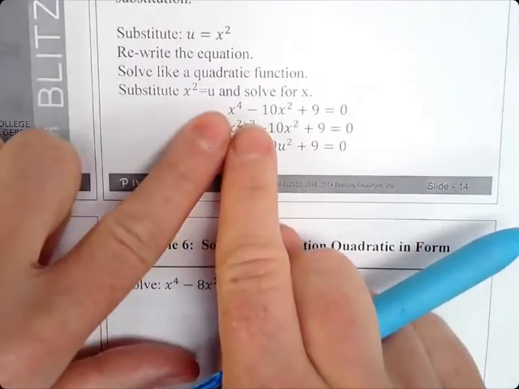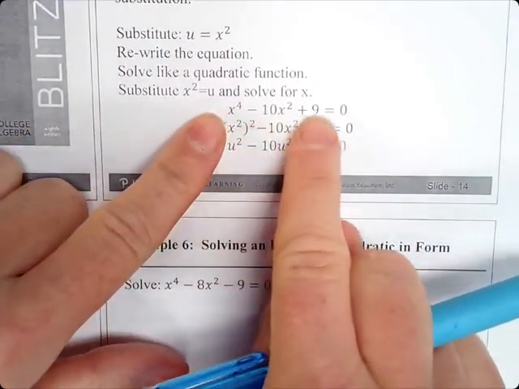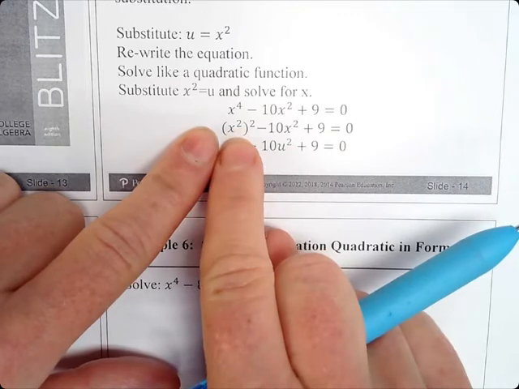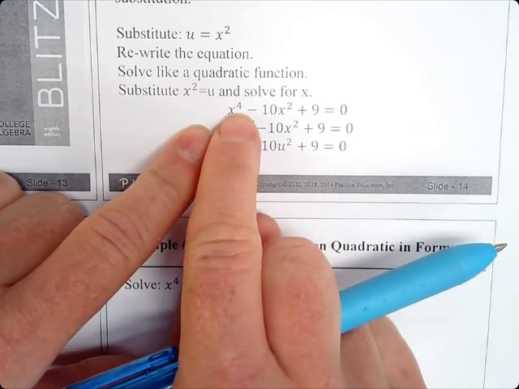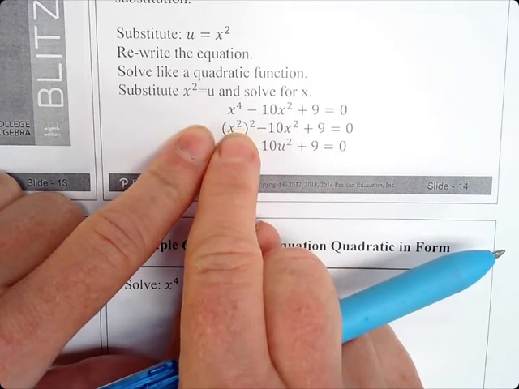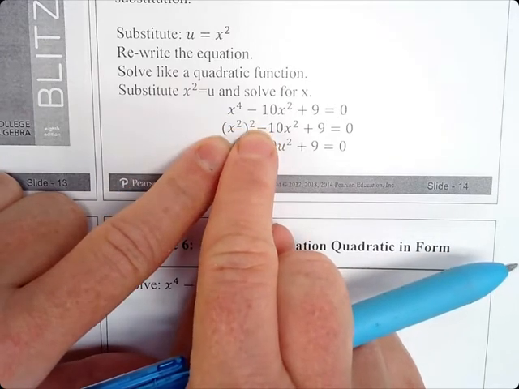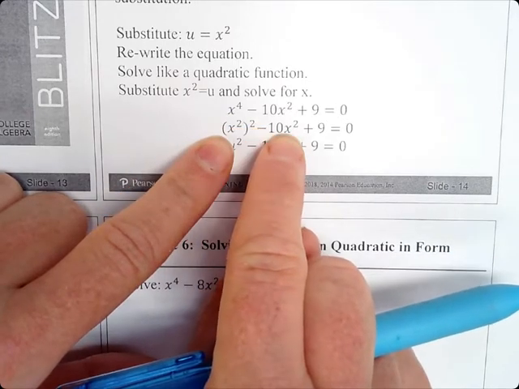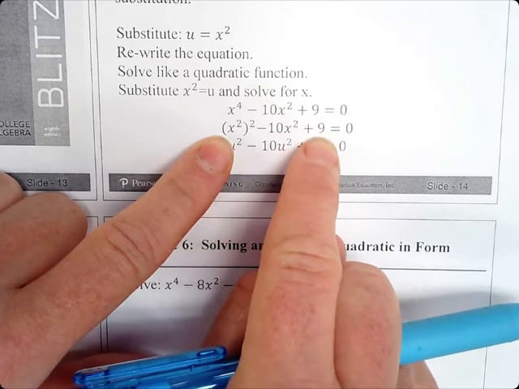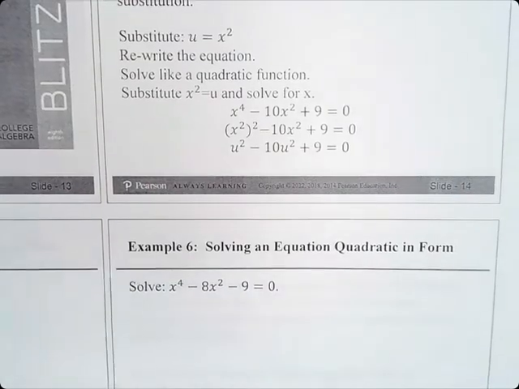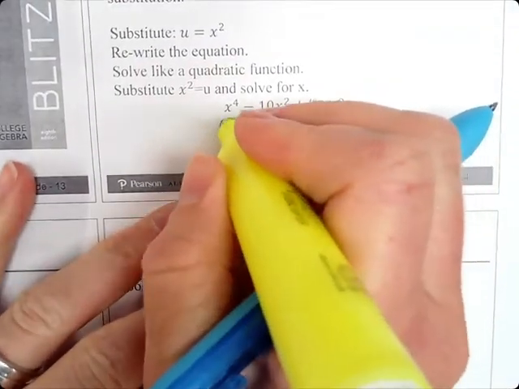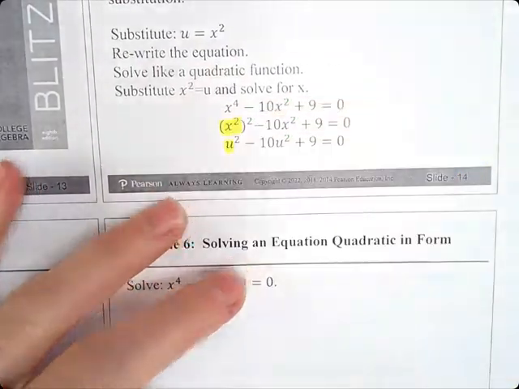So if you see this problem right here, I'm rewriting it so that I don't have that x to the 4 anymore. So it's something squared minus 10x squared plus 9 equals 0. So I'm replacing this x squared with u.